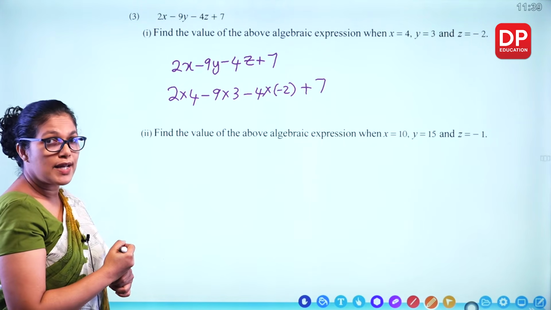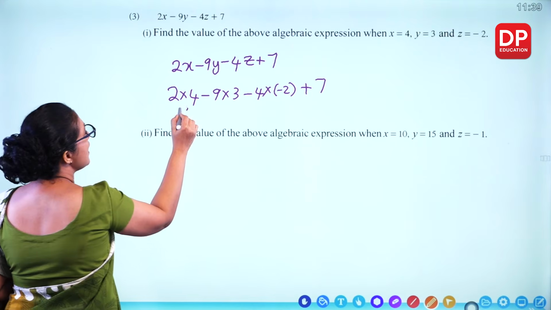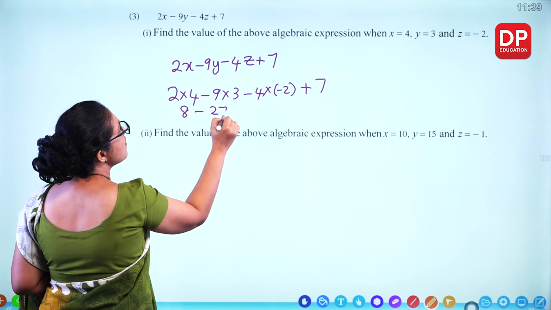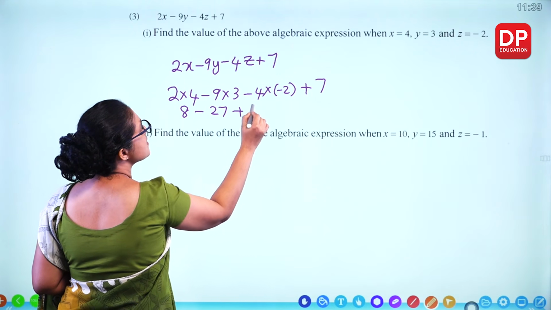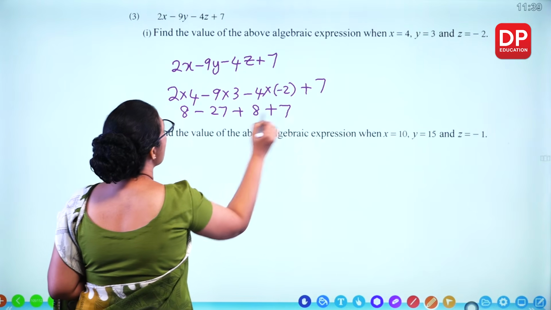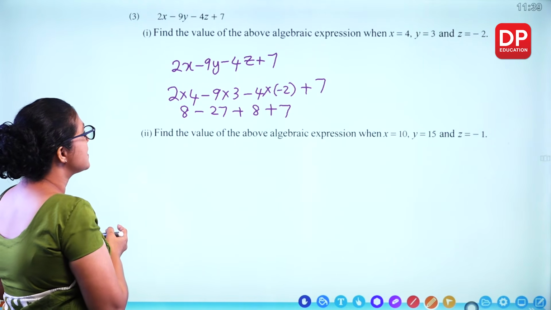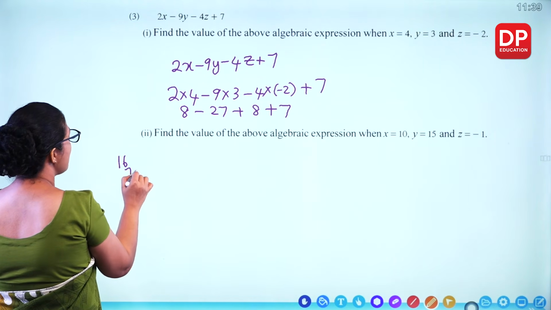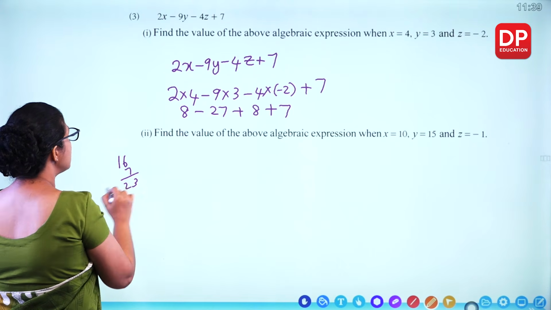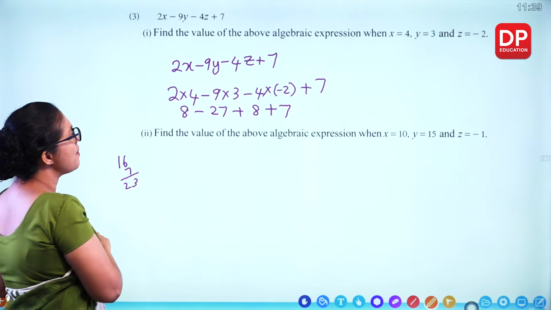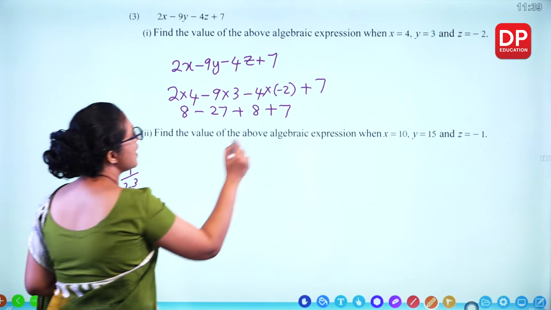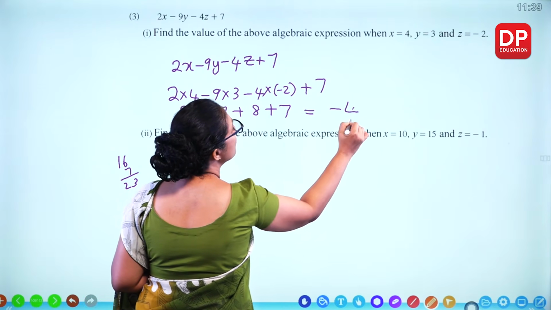So when you have negative values, put brackets. 8, 27, minus plus 8 plus 7. 8 and 8, 16. 16 plus 7, 23. So 23 minus 27, you get minus 4.